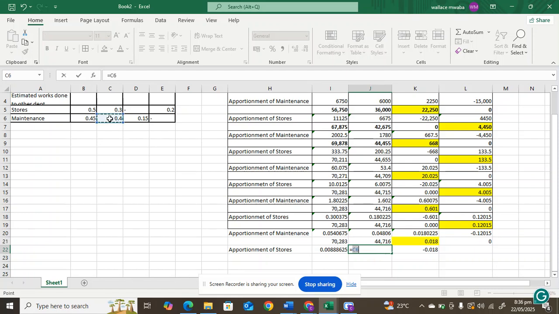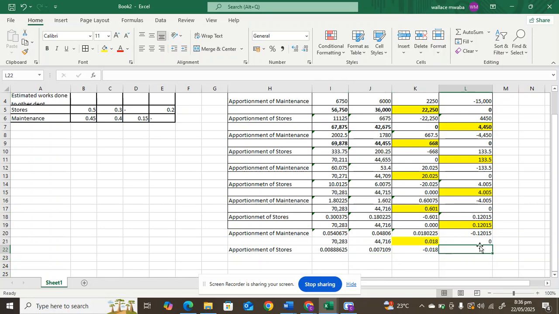Department Y gets 40%. And maintenance is going to get 20%.